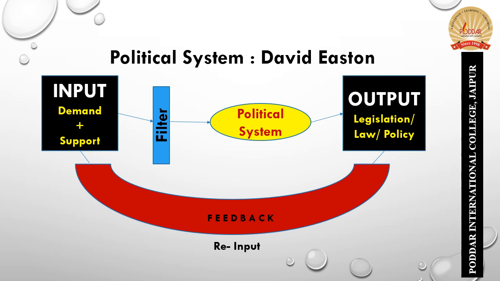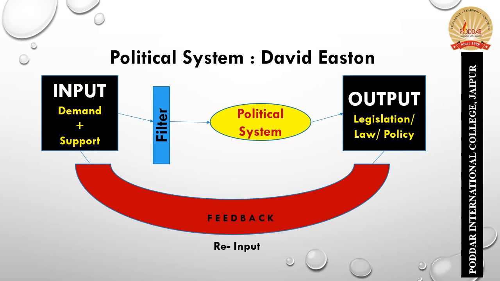Without this feedback loop, the political system circle is not complete. It provides regularity in operating the political system. After the reactions on outputs, the information that comes to authorities is known as feedback or re-input.